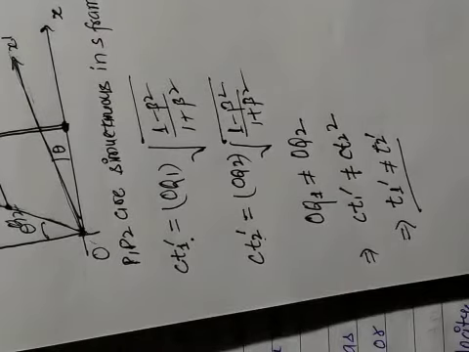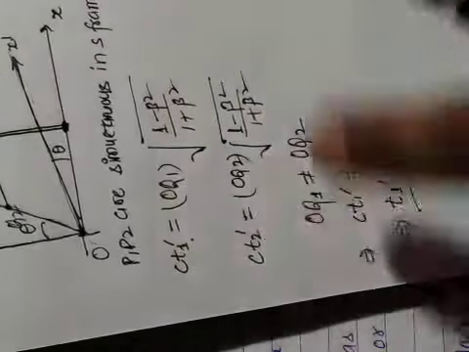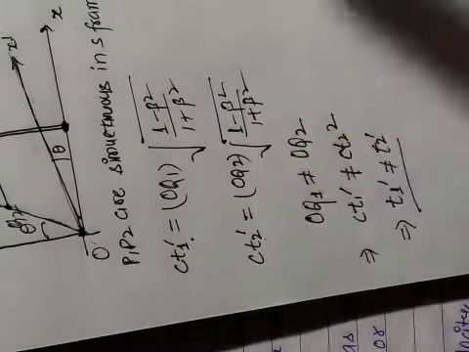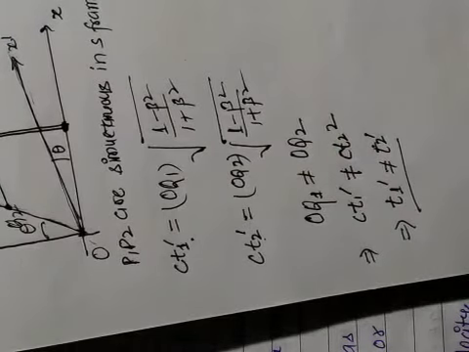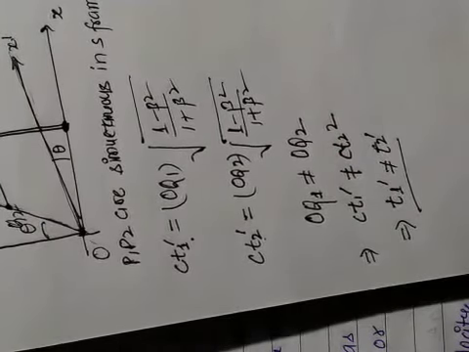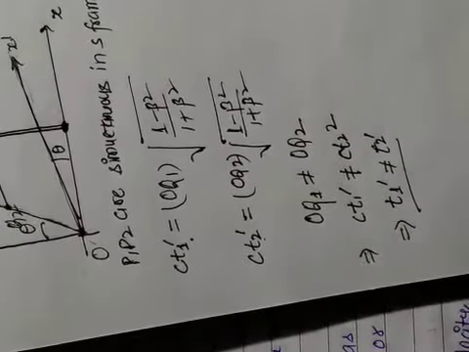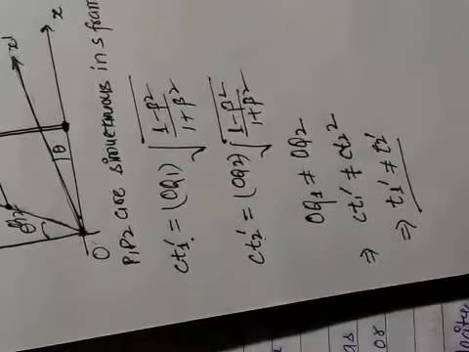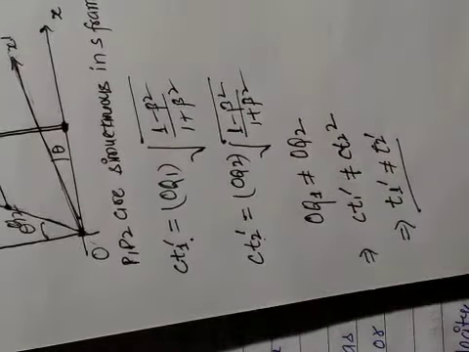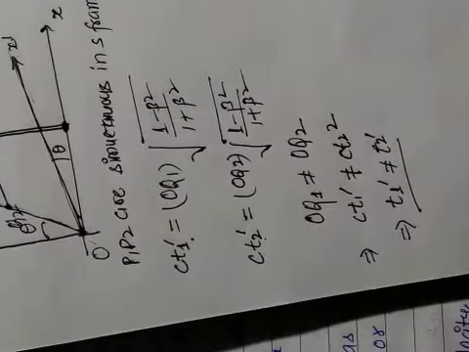So this is the relativity of simultaneity. The two events which are simultaneous in one frame, occurring at different points, are not simultaneous in the other frame.